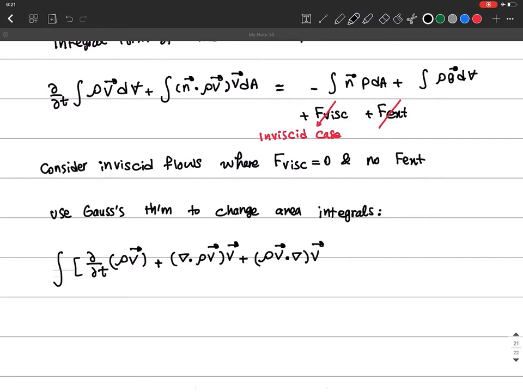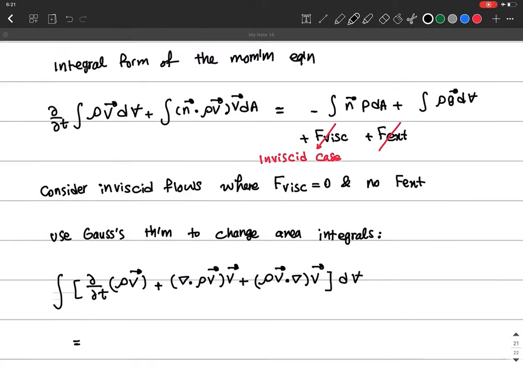You can get it from Gauss's theorem; I'm not going to go through that or prove it, but this is what you get. This is the integral over the control volume dV.